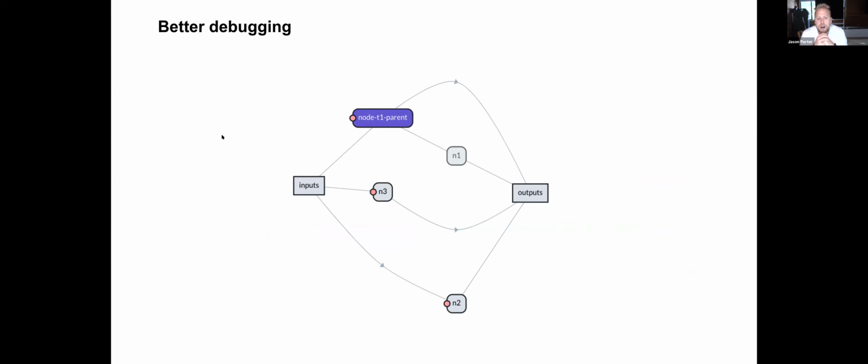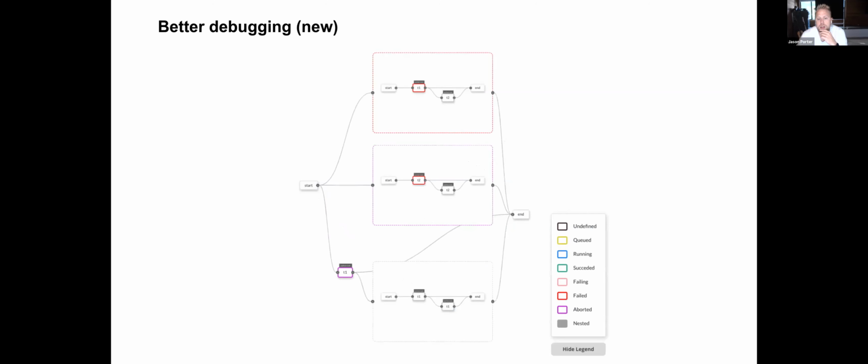This is an example of a failed workflow. And again, we don't really see much about what happened. We don't understand why it failed, how it failed. But on the new experience, we get the exact same workflow, the exact same execution. We get tons more information. And so we can see, for example, this red box around this nested workflow.